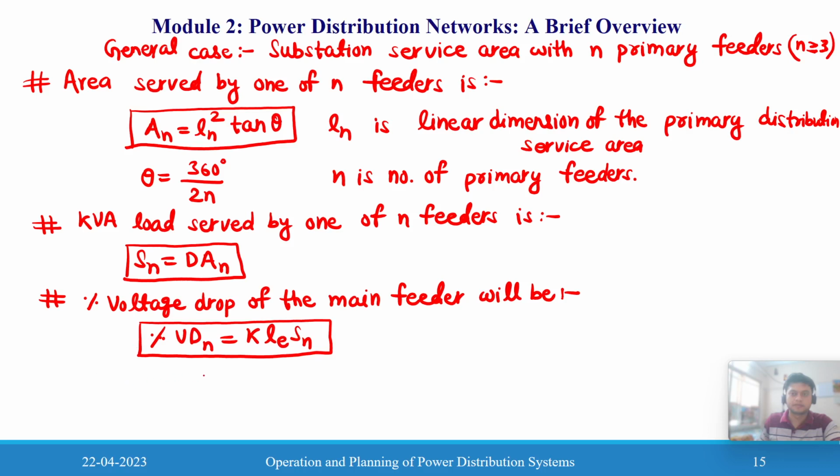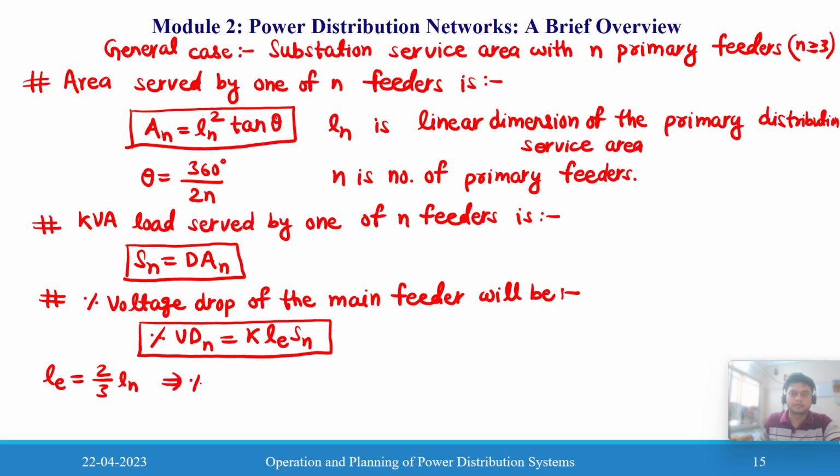We can see that the lump load can be connected at a point on the main feeder at a distance of 2 by 3 of Ln from the feeder point. So Le will be 2 by 3 of Ln.